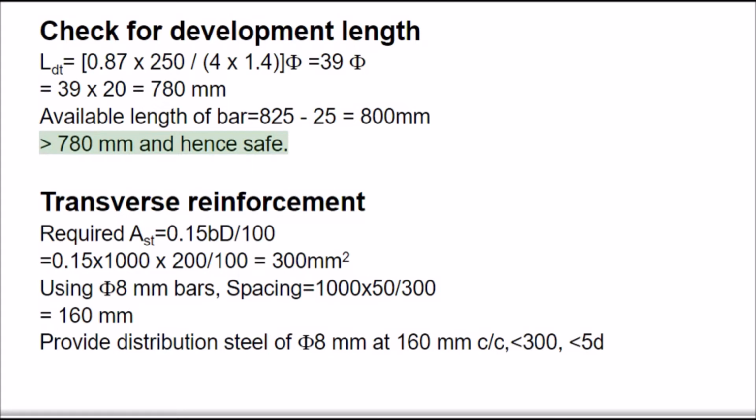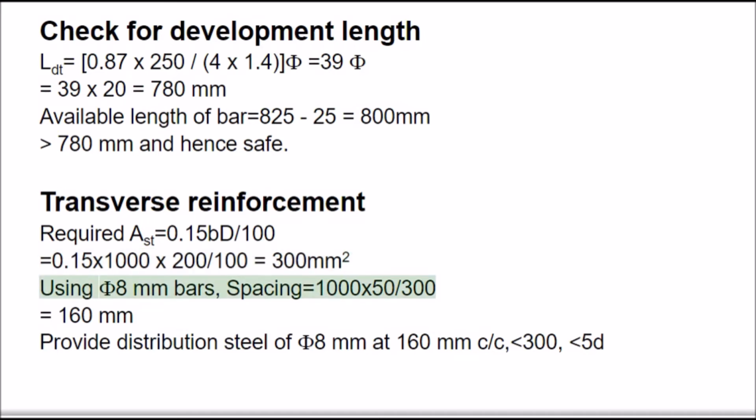780 millimeters and hence safe. Transverse reinforcement. Required Ast equals 0.15 bD/100 equals 0.15 x 1000 x 200/100 equals 300 mm².